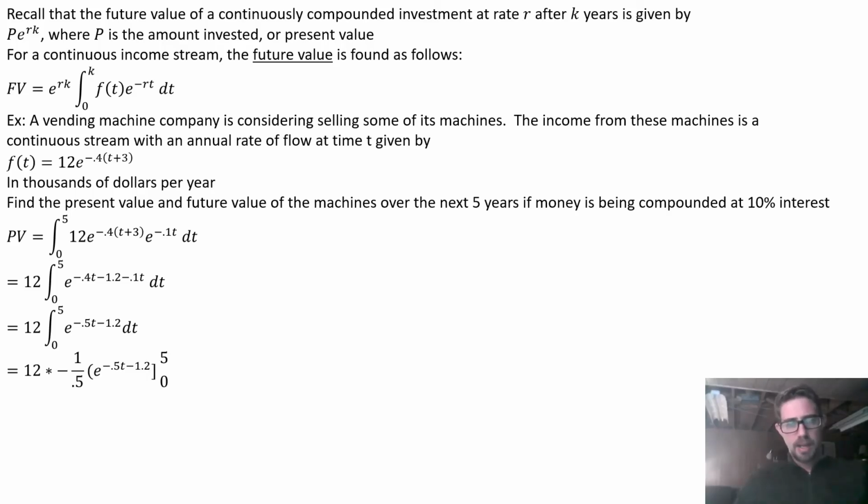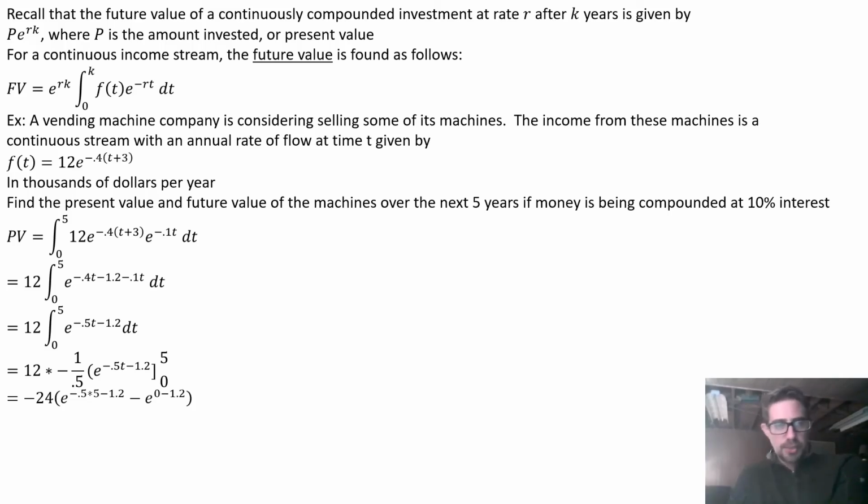So it's 12 times 1 over negative 0.5, or just negative 12 over 0.5, times that expression, e to the blah, blah, blah, evaluated from 0 to 5, because it's 5 years. And then we just clean it up and plug stuff into our calculator as we go.